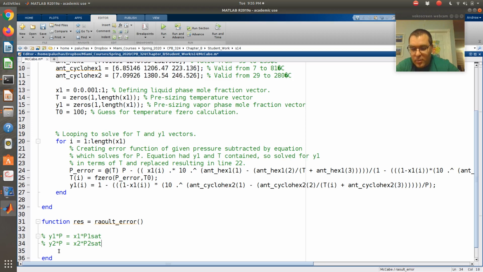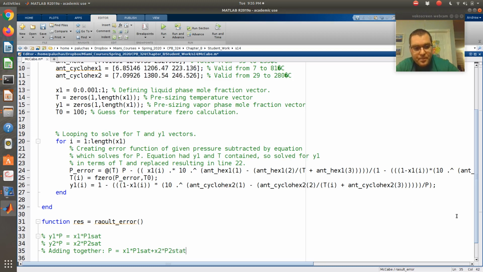Okay, so the idea would be if I add these two equations together, I'd have y1P plus y2P. P's constant, factor it out. y1 plus y2 is just 1, right? So I just have P. Okay, so adding together, I would get that P is equal to x1 times P1 sat plus x2 times P2 sat.